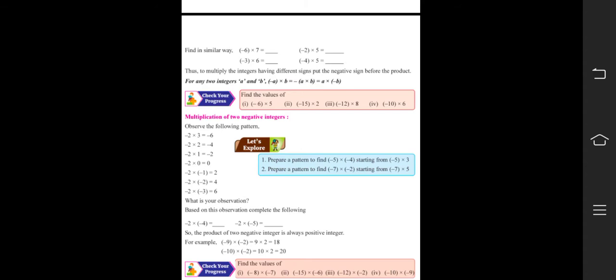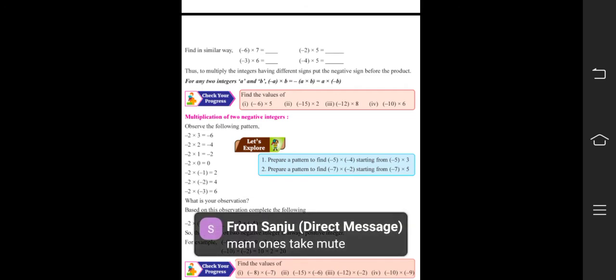So you have to prepare a pattern to find minus 5 into minus 4, starting from minus 5 into 3. Like this pattern you have to prepare. What is your observation? Based on the observation, complete the following. If you multiply two negative integers, you will get the product as a positive integer.